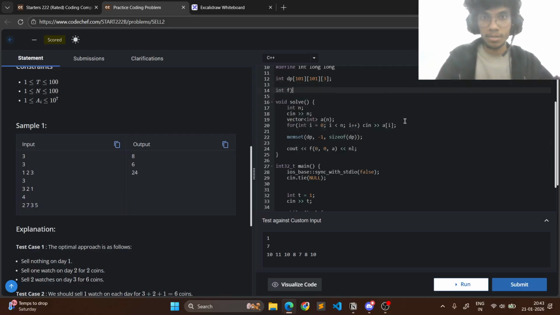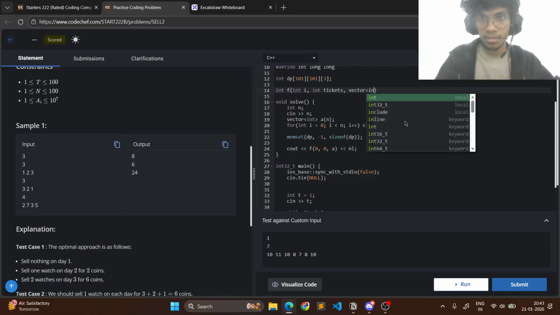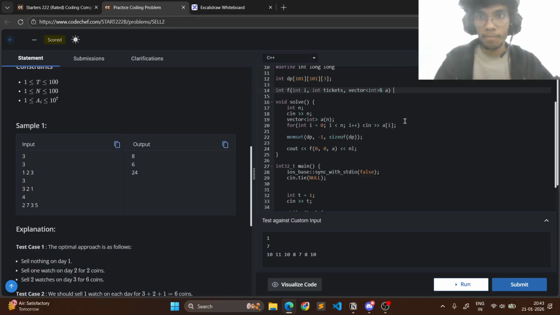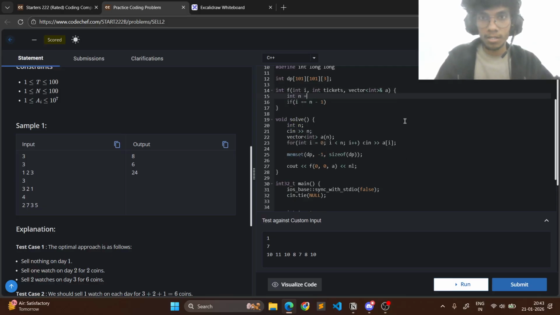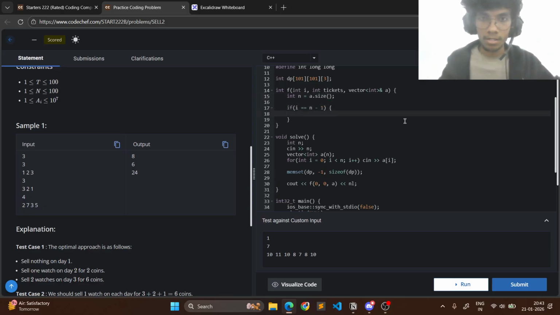So int f, int i, int tickets, and vector of int a. If i equals n minus 1, and n equals a dot size, okay.